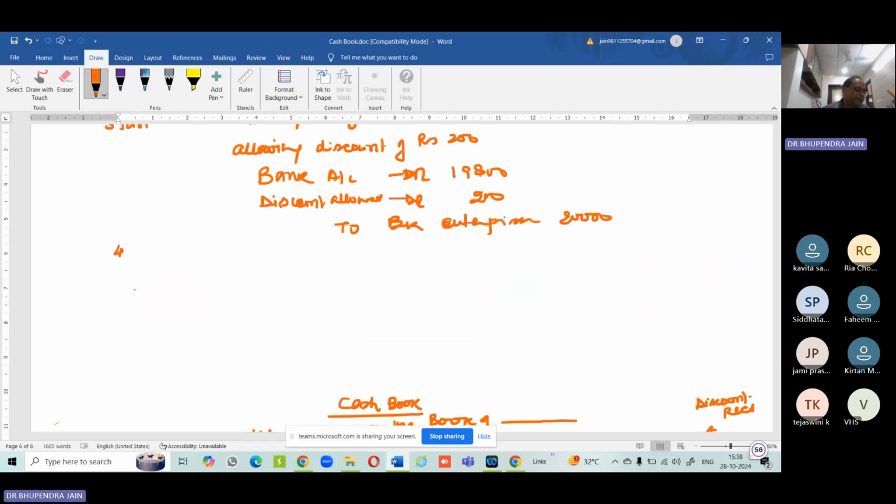Suppose on 4th of Jan, paid consultancy charges by check rupees 7,500. So the entry is consultancy fee account debit to bank.